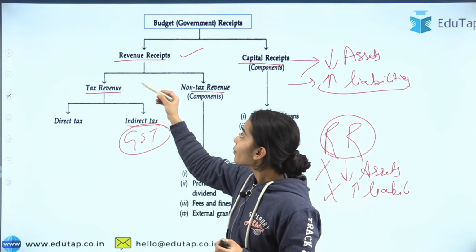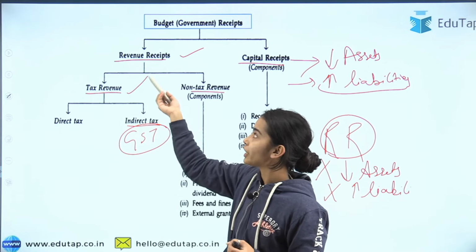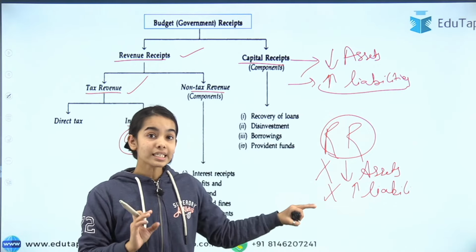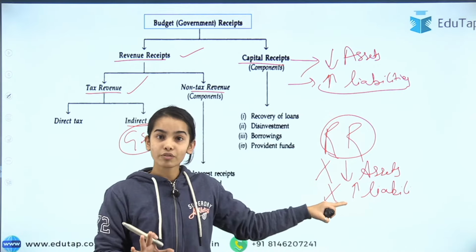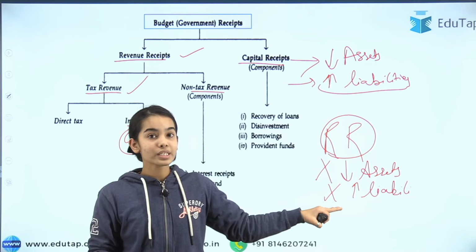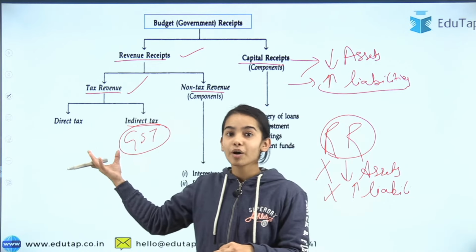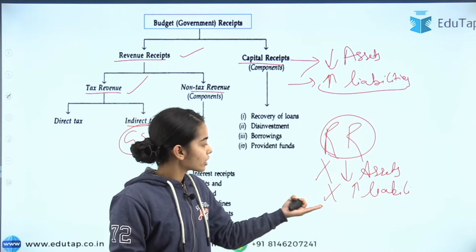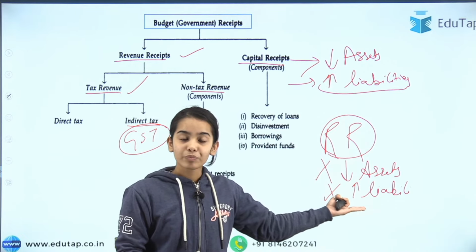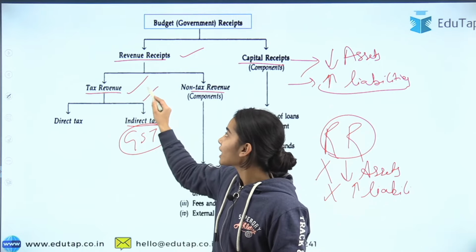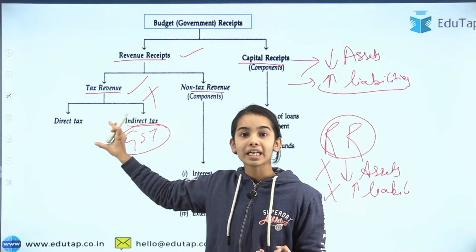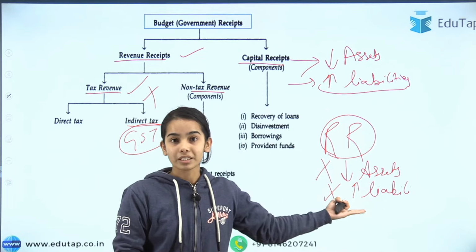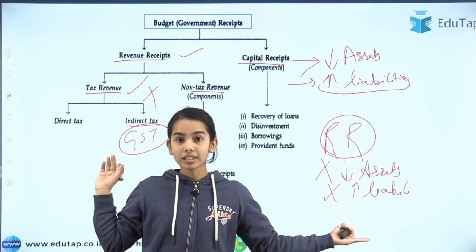Is tax revenue reducing the assets of the government? No, because the government is getting this money from the people. Is it increasing the liability? No, because the government does not have to return the money it gets from tax.